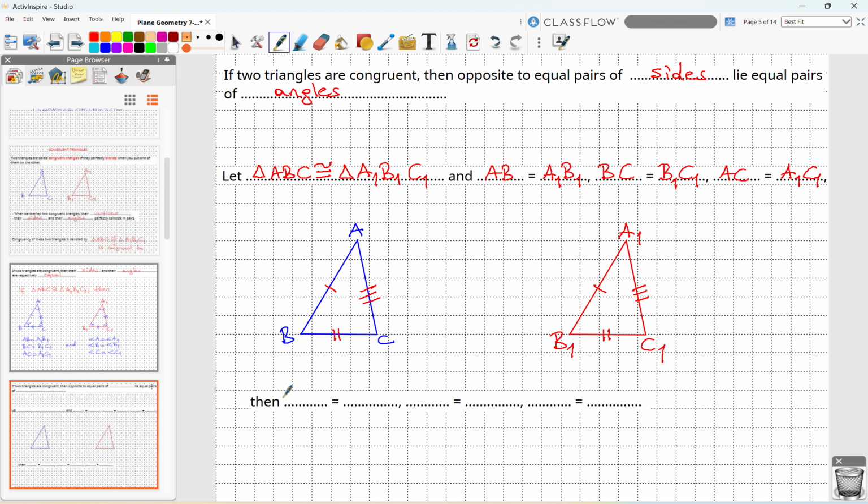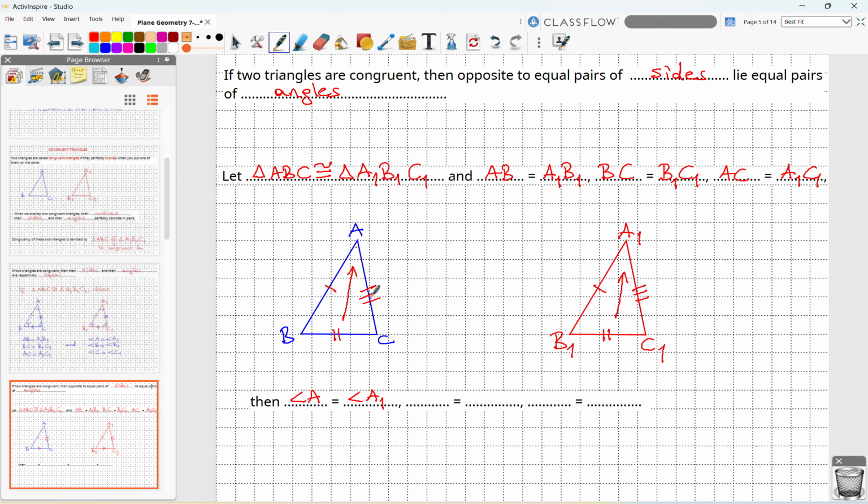Then, opposite to equal sides, we must have equal angles. For example, BC and B1C1 are one pair of equal sides. Opposite to these sides, I see angles A and A1. So angle A and angle A1 are one pair of equal angles, so angle A equals angle A1.